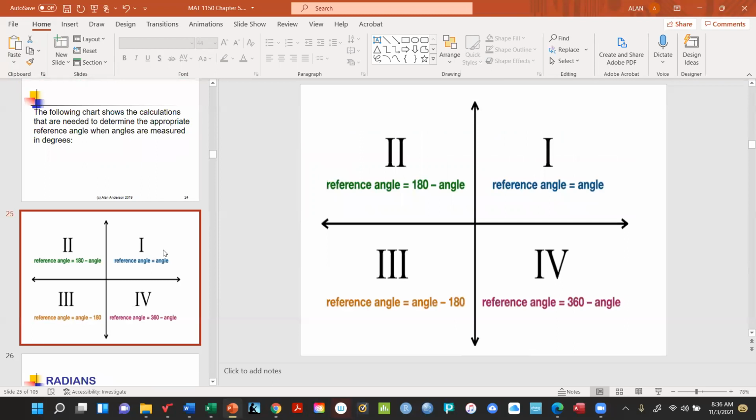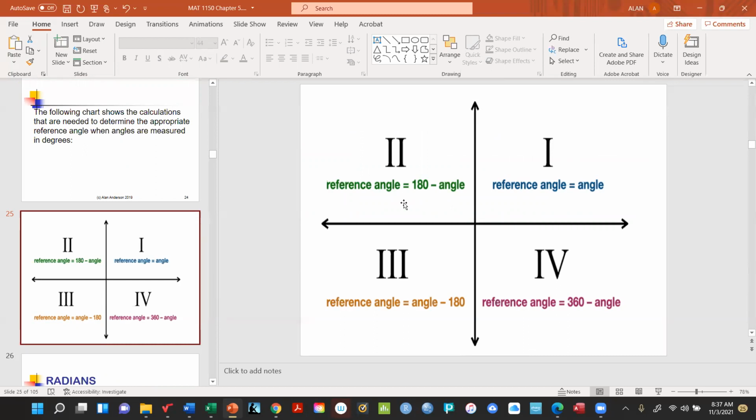So if you're in the first quadrant, the reference angle is your angle. In the second quadrant, it's 180 minus whatever angle you're given. If you're in the third quadrant, it's angle minus 180. And in the fourth quadrant, it's 360 minus angle. So how does that work here?